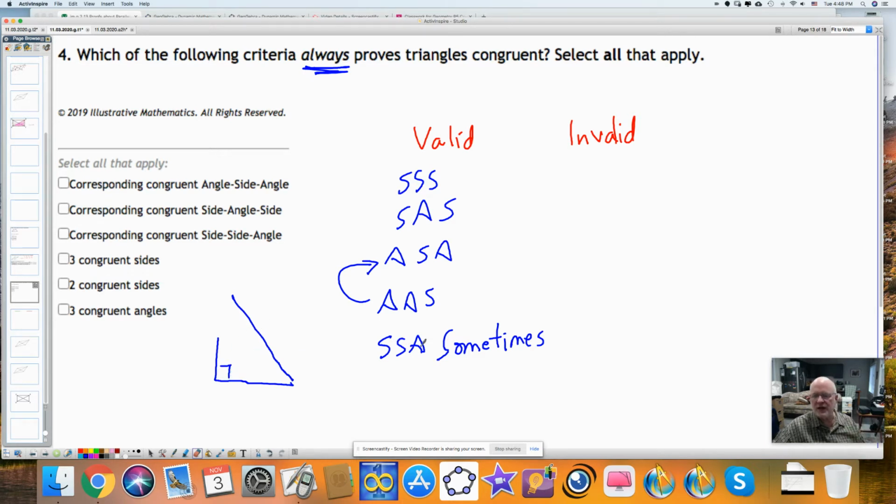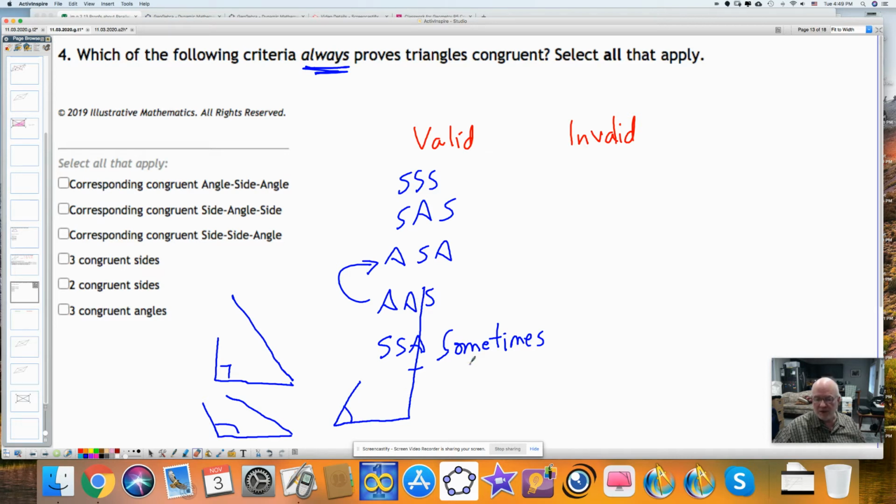We used to call this HL for hypotenuse leg, but there are other conditions that make it true too. What if the given angle is obtuse? If the given angle is obtuse, then this is also true. In fact, if it's an acute angle that's given, and I'm giving you the longer side opposite the angle that's given, this is the only place it could be.